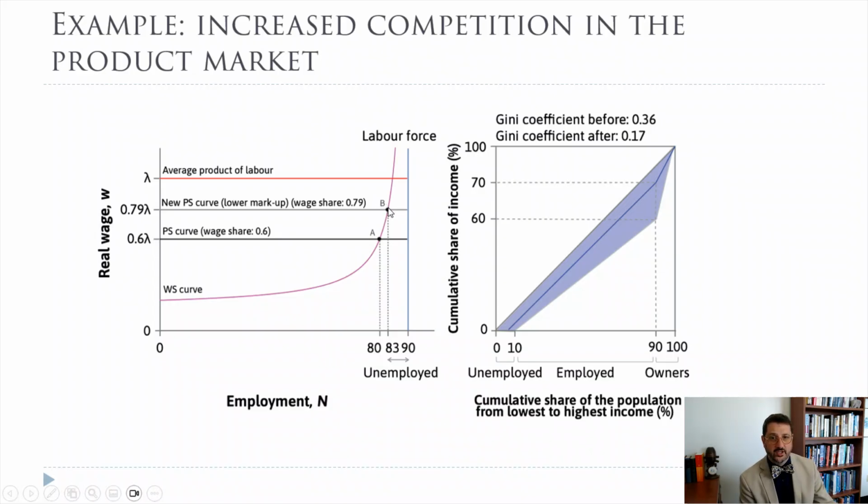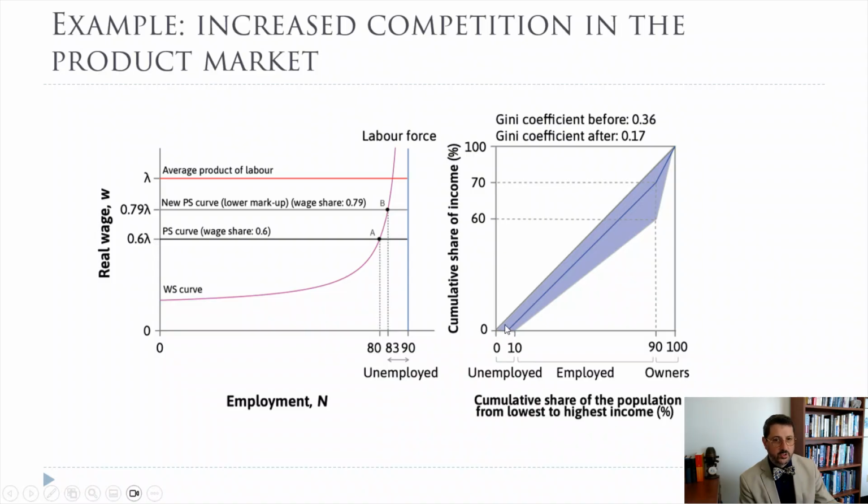And now our unemployed, because we're producing more, so more people are going to be needed to work. Our unemployment has fallen from 10% to 7%. And so if we graph our new Lorenz curve, that's this blue line here. We go from 0 to 7.